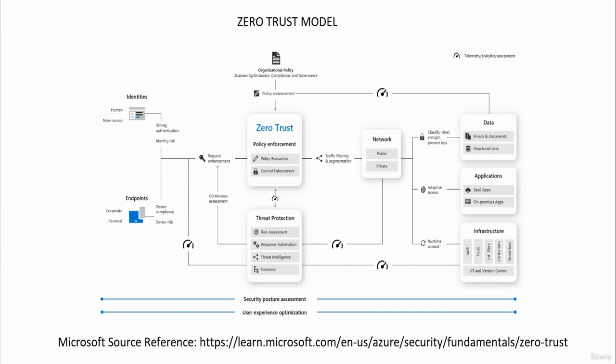So the idea being that I'm going to give you access when you need it during a short period of time that you need it, and then the permissions will be taken away from you when you no longer need it. Okay, Azure has the ability to use something called PIM, Privileged Identity Management, where I can schedule somebody to be given access to something for a certain period of time, and then after a while it goes away.